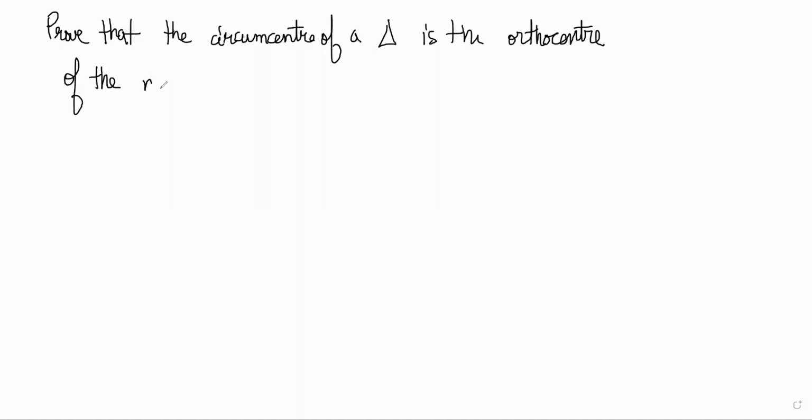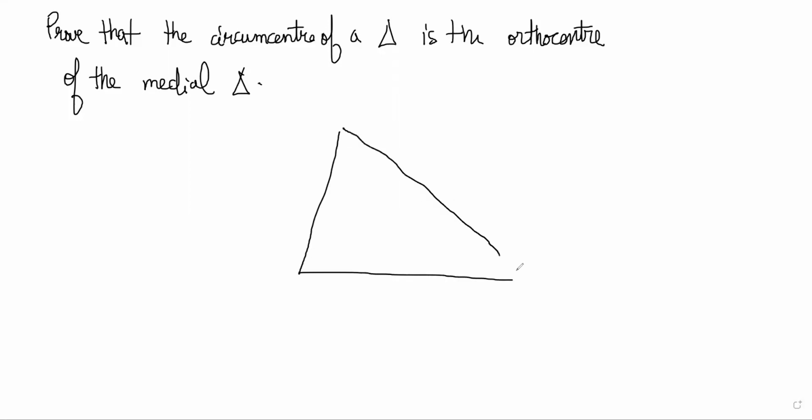What is the medial triangle? The triangle made by the midpoints of the sides. If you make a median like this, there will be a midpoint here, one here, and another at this point.